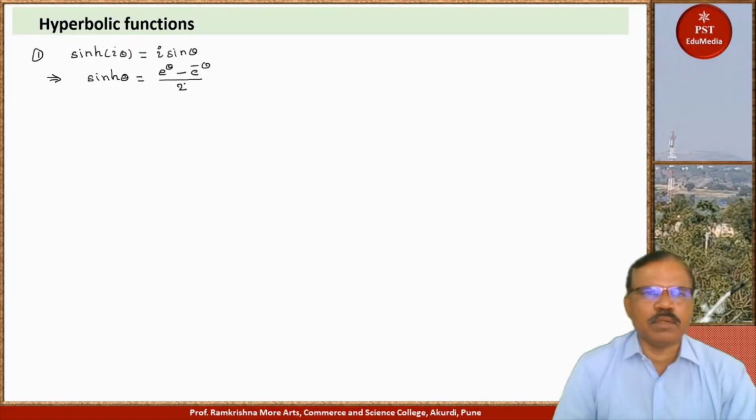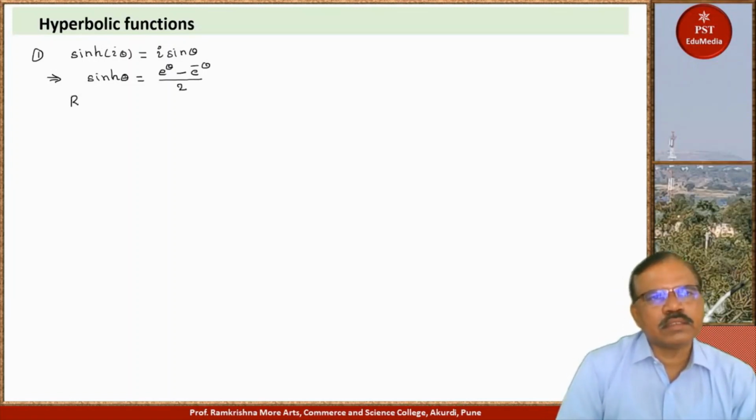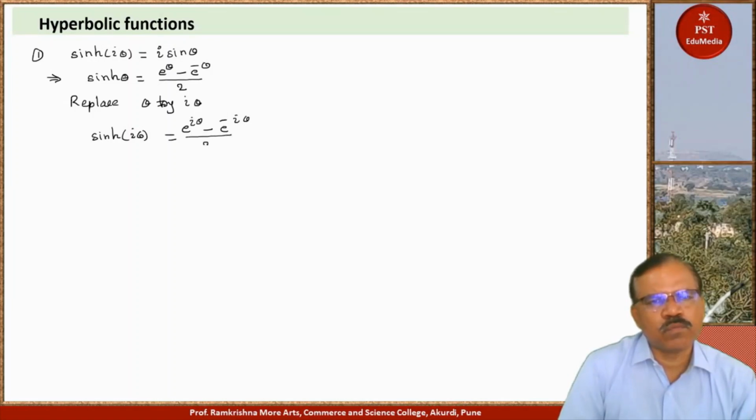This is sine hyperbolic theta. Now replace theta by i times theta. So we get here sine hyperbolic i theta is equal to e raised to i theta minus e raised to minus i theta upon 2.